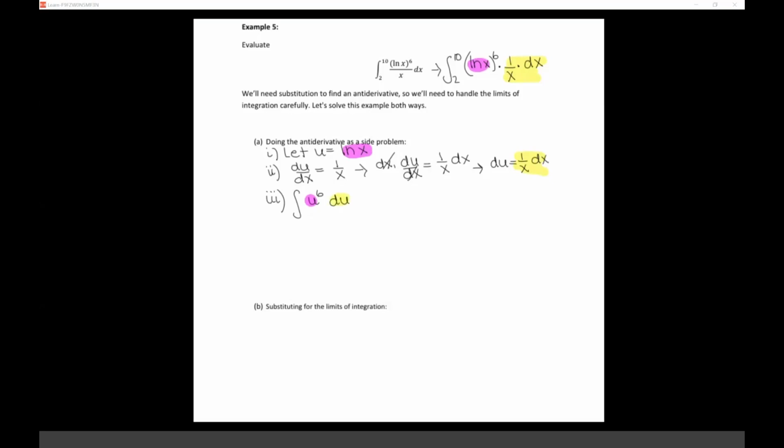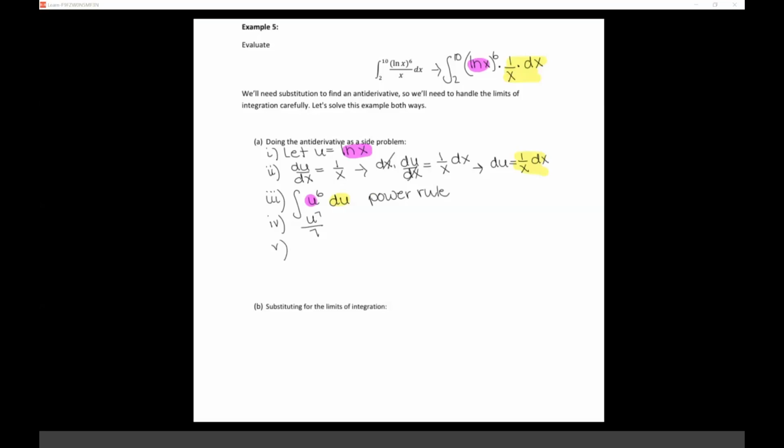That turned out to be a pretty simple integral. Integrating it using the power rule, I'm going to add 1 to the exponent, put that over the new exponent. I'm not going to write the plus C this time. I'm just showing it to you. So just added 1 to the exponent divided by that new exponent.